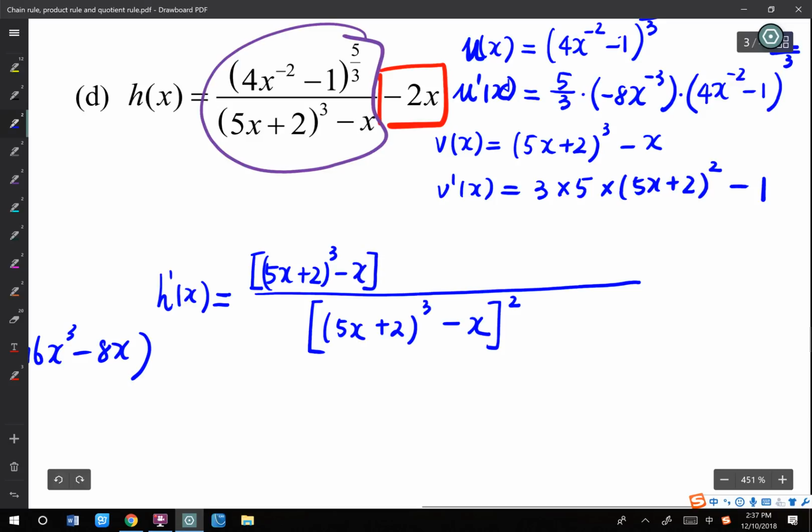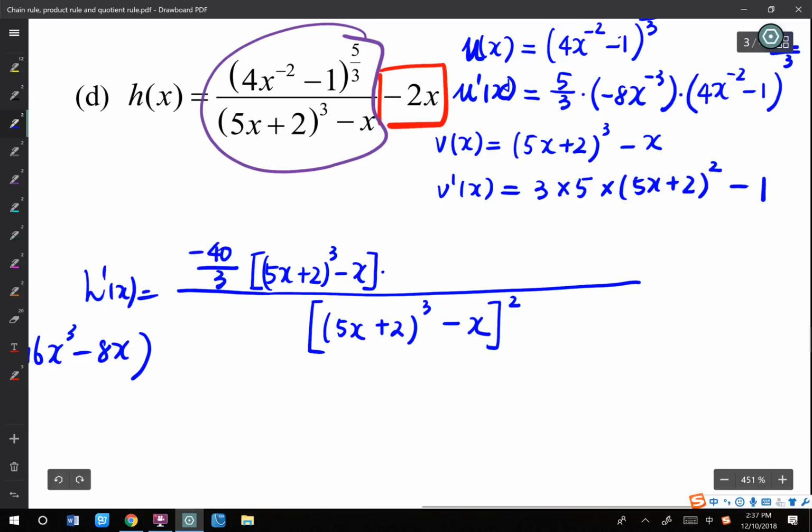Okay, v(x) times with what? Times with the u dash x. So u dash x is that. Well, that's a minus 8, so I can put the coefficient there. That's a minus 40 over 3. I put that in the front. Minus 40 over 3.